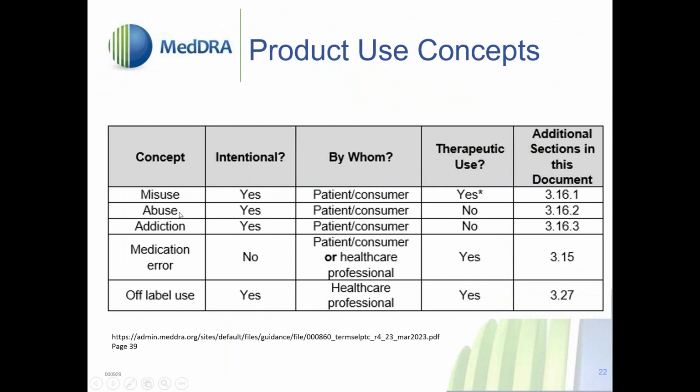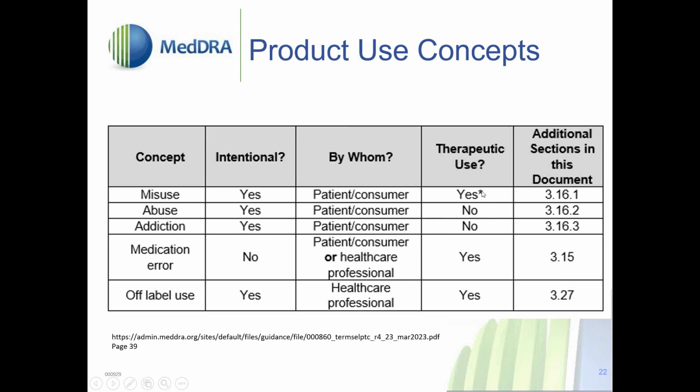So as you can see here, misuse, abuse, addiction, these concepts always occur intentionally. They are triggered by the patient or consumer. In the instance of misuse, it occurs in the framework of therapeutic use. Abuse, addiction, these do not occur in the framework of therapeutic use.